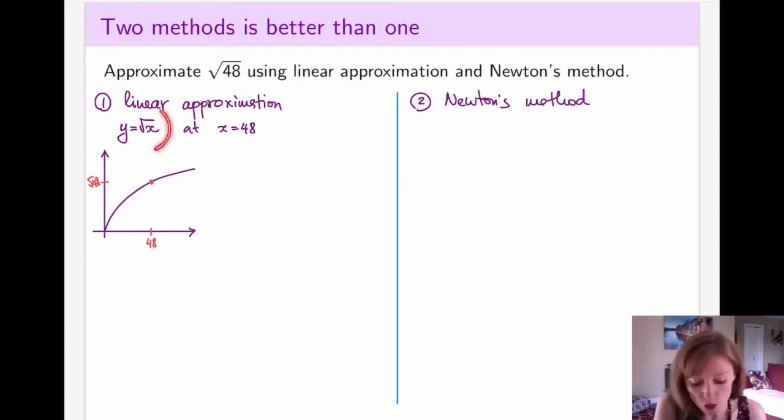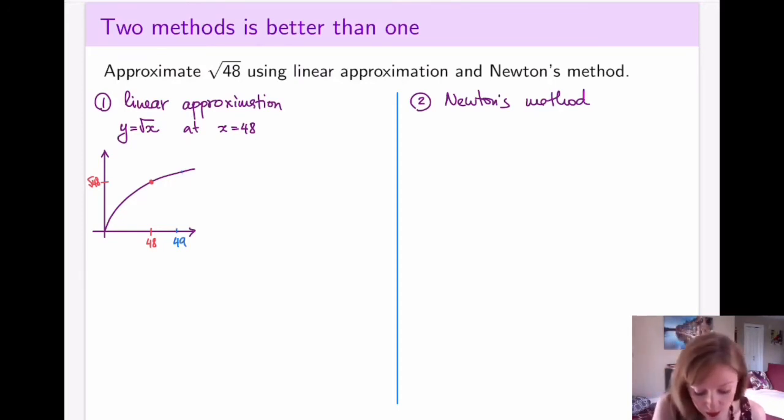Now, a nice point will be near 48, where I will be able to, in fact, compute the function value exactly. So what point near 48 is there where I can compute the square root as an actual number without having to use a calculator and without any kind of decimal approximation? Well, 49 is pretty close to 48, and the square root of 49 is 7. So that is going to be my nice point of choice here. Now, I'm not drawing to scale because otherwise it would be way too small.